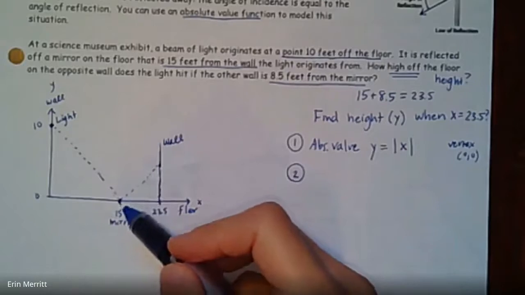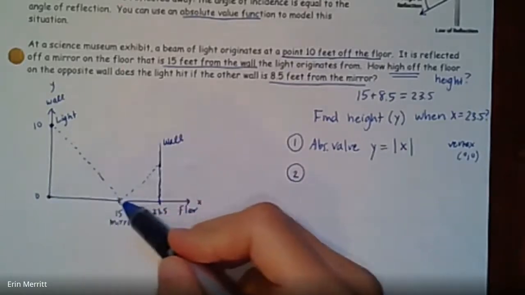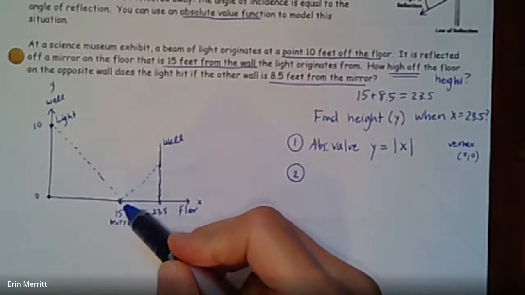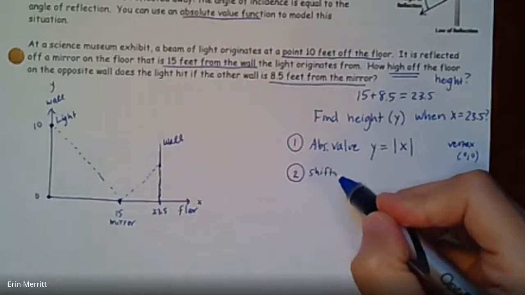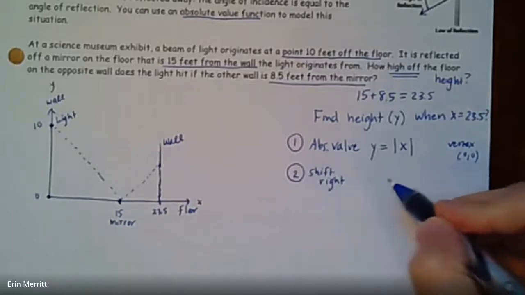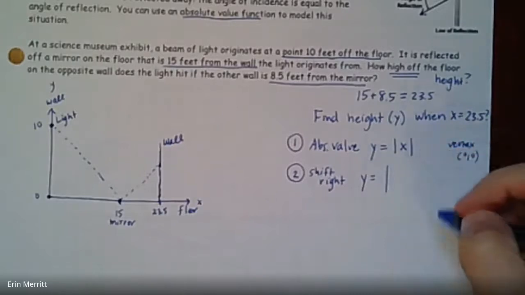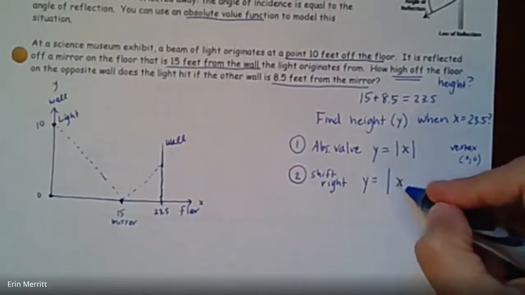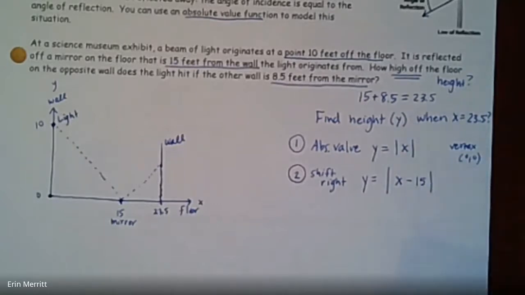That is not where the vertex is here. So I need to shift from 0, 0 to the right to the point 15, 0. To get it to shift right, think about what you know. You would have to, on the inside with x, subtract 15 to get it to go to the right 15.